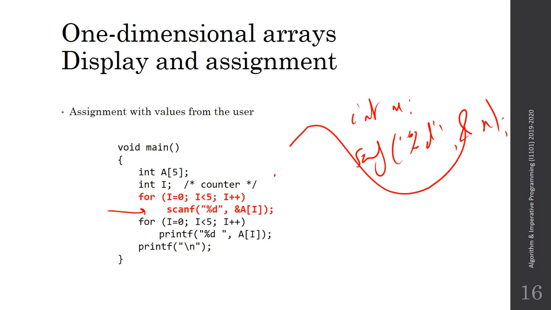So we have always the same format here, and we use the variable a[i]. So the first time is &a[0], the second time &a[1], &a[2], &a[3], and last &a[4]. So it's always the same. Always, while manipulating arrays, we should use for loops.